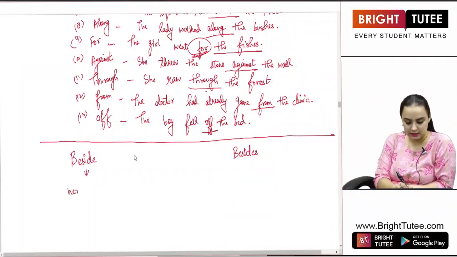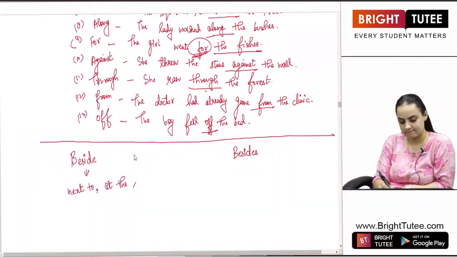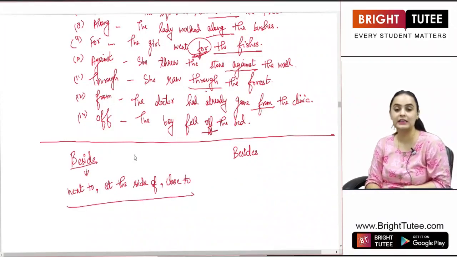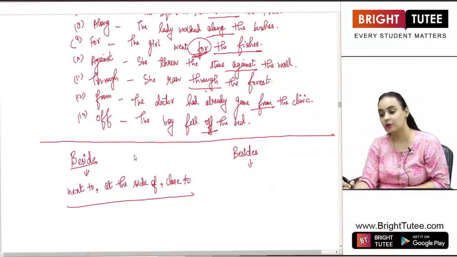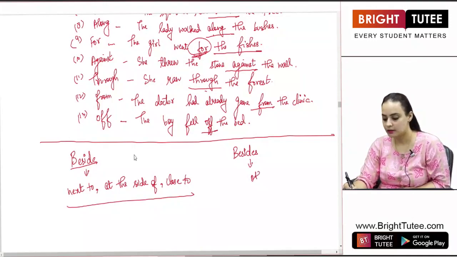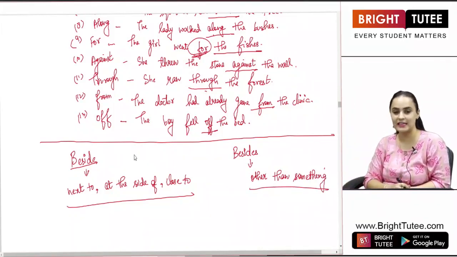Beside means next to, at the side of, close to. These are the meanings of the preposition beside. And what is the meaning of besides? Other than something. When you are making an addition to something, other than something is besides.